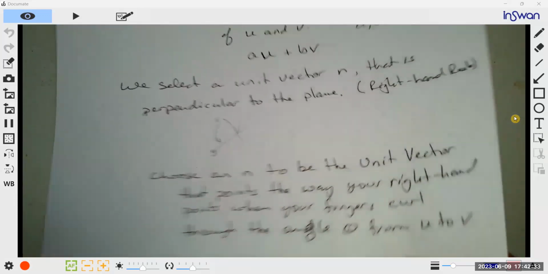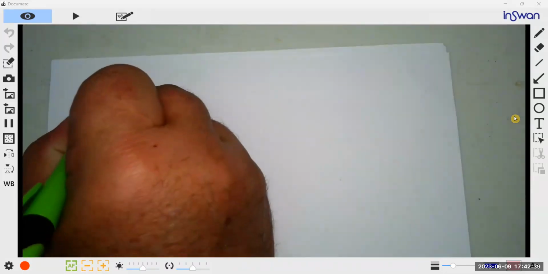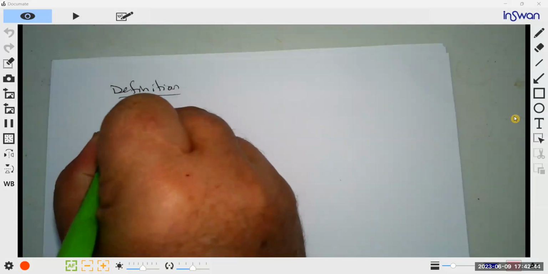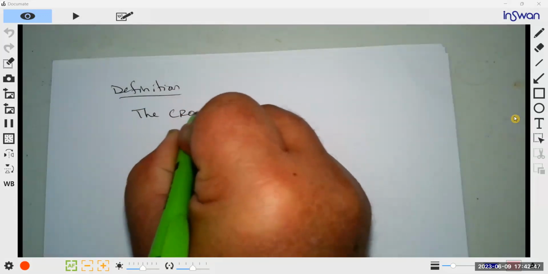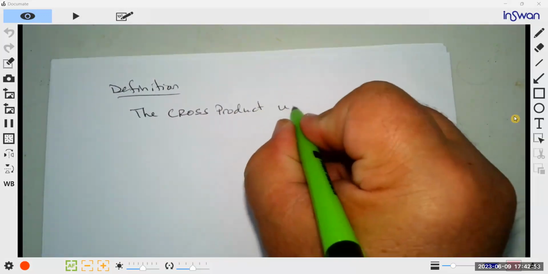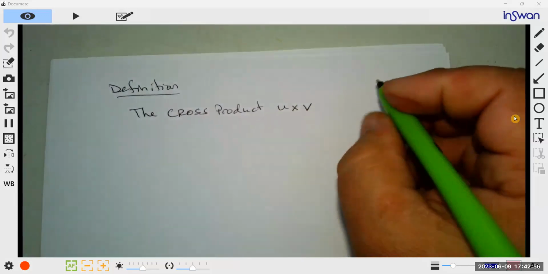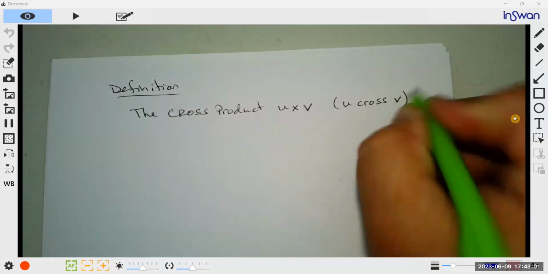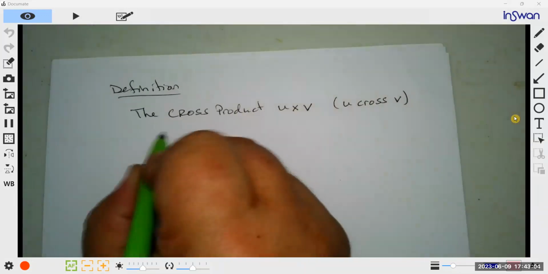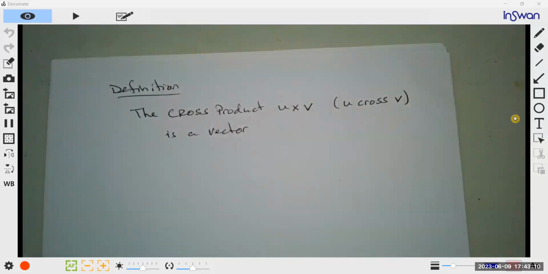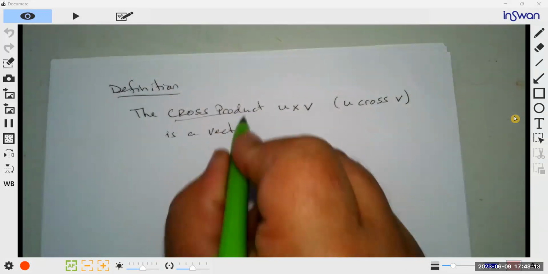All right, so let's define what a cross product is. The definition. The cross product u cross v, that's how it's read, u cross v. It's not multiplied, it's u cross v. Unlike the dot product, which gives a scalar, the cross product gives us a vector.